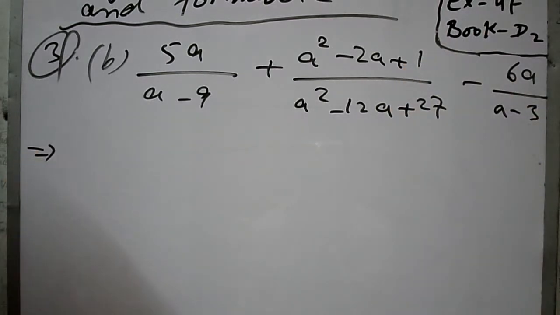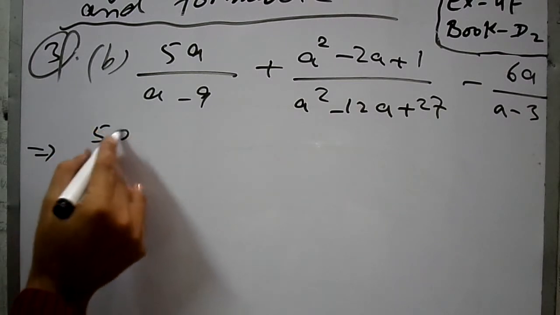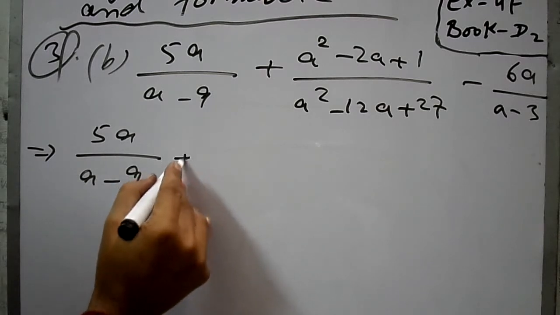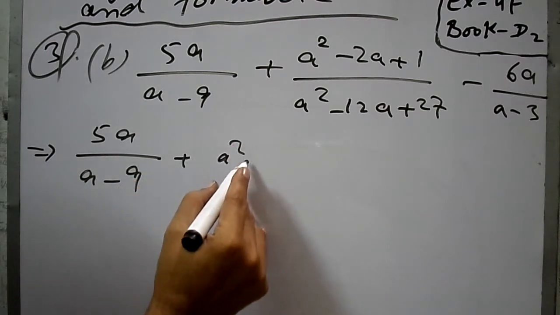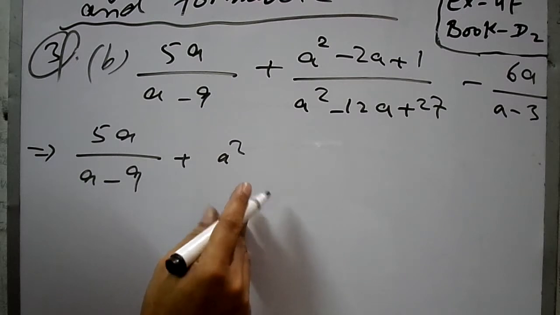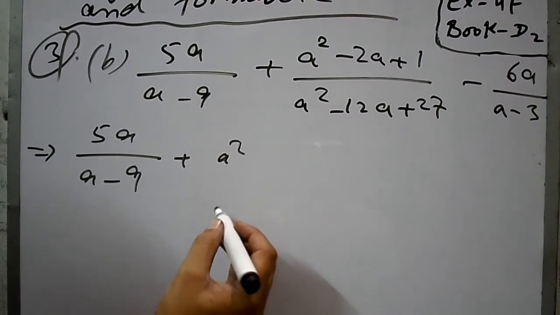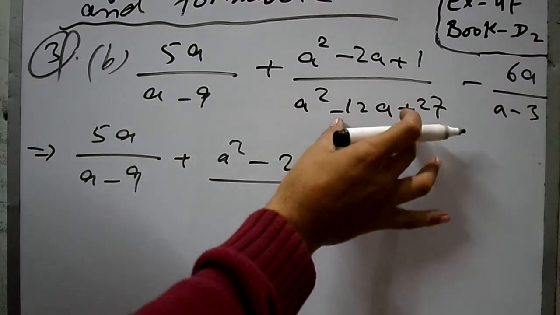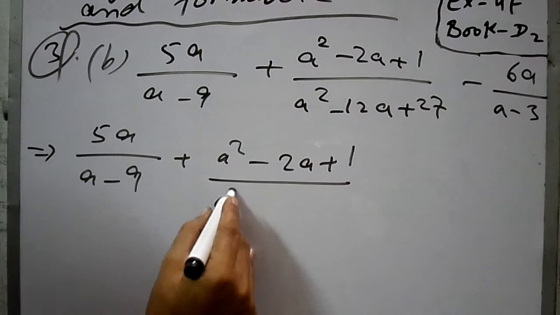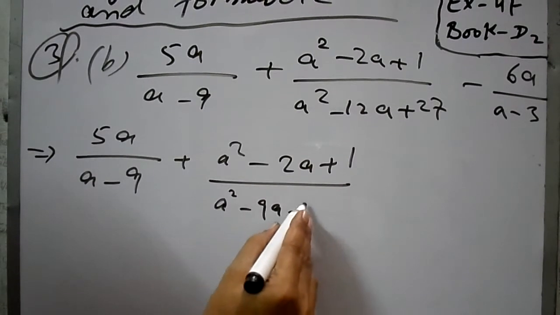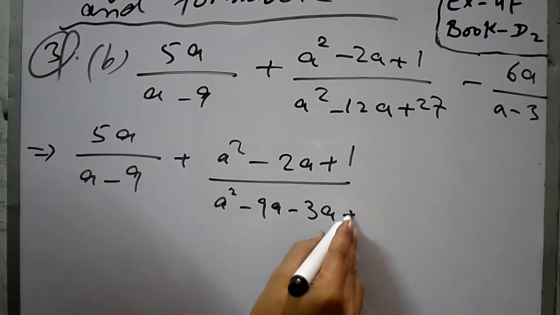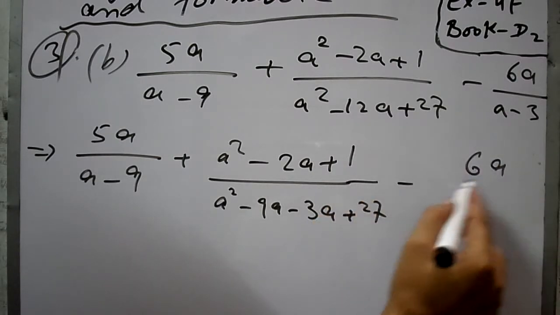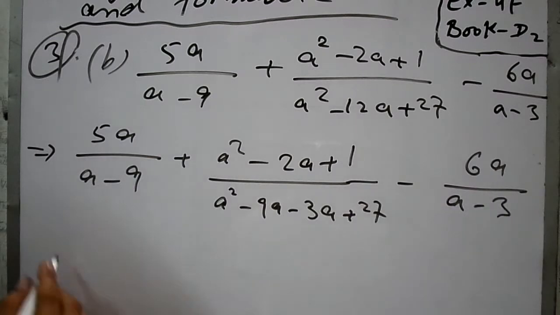So first of all factorize the denominator. a square minus 2a plus 1 is difficult, but these factors can be made, that is a square, 9 3s are 27, so that is 6a divided by a minus 3.